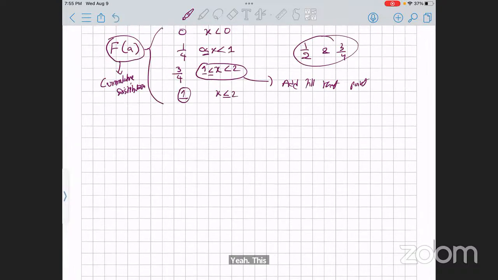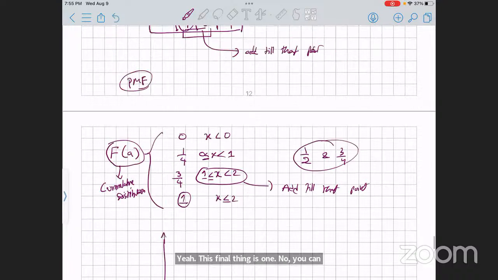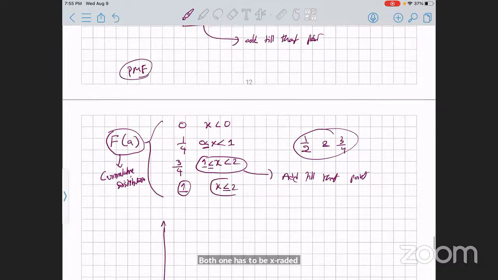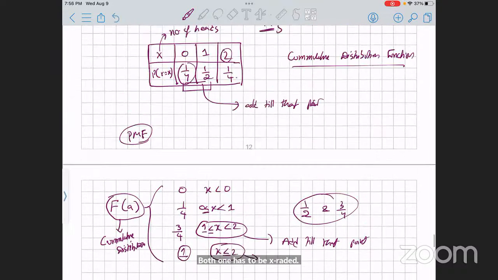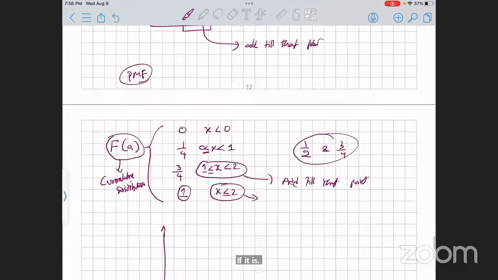The fourth option has to be X greater than or equal to 2, right? No, less than or equal to 2, not greater than. If it is greater than, it is 0 again. 2 is the utmost value, so less than or equal to 2.